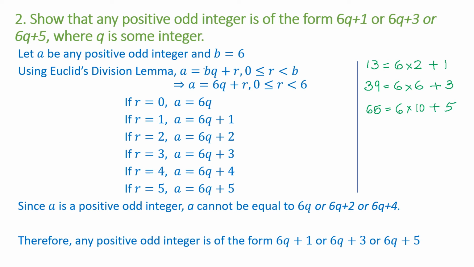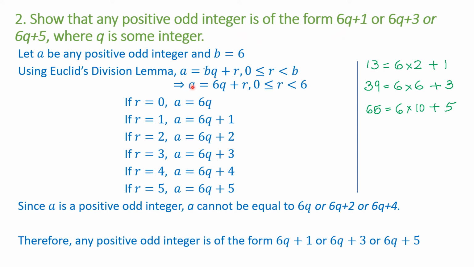You see that every positive odd integer, these are the examples that I have taken, is giving me a remainder of 1, 3 or 5 when I am writing it as a multiple of 6. So here, let a be any positive odd integer as in the question and b be equal to 6.